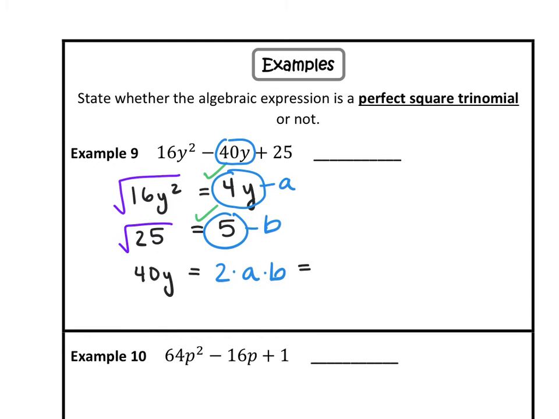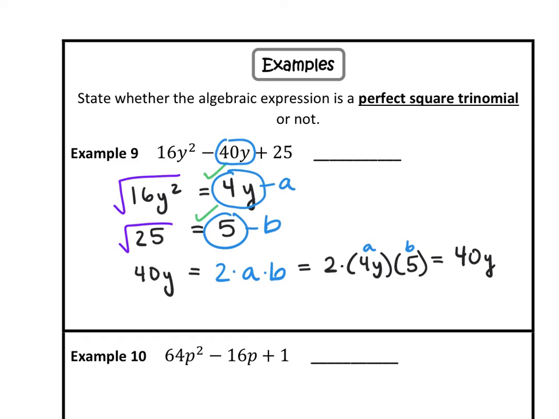So what do I get if I multiply 2 times a times b? This is a and this is b. What is that equal to? What's 2 times 4? 8. What's 8 times 5? 40.